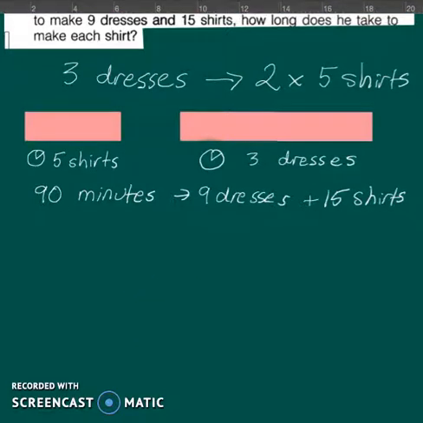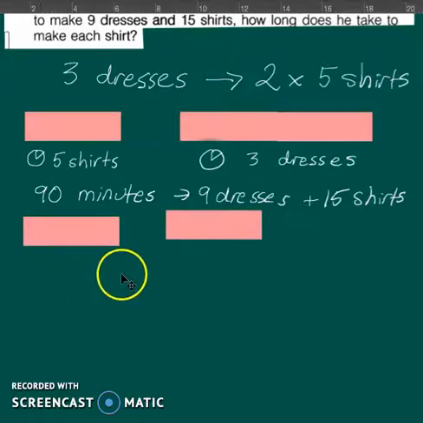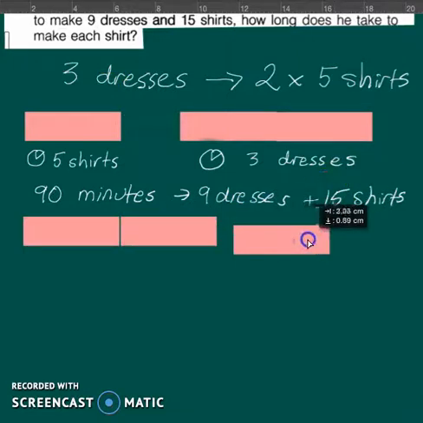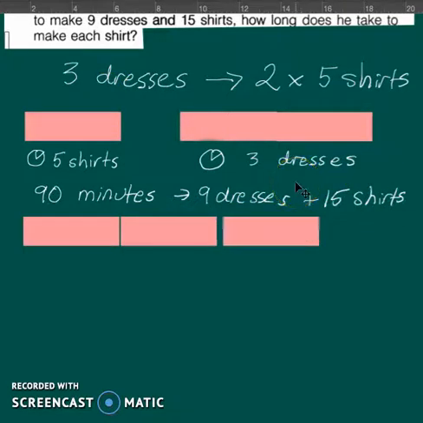Well, we know that one of the smaller bars represents the amount of time that it takes to make 5 shirts. So if we want to make 15 shirts, we're going to need 3 of them. 1, 2, and 3. 5 shirts times 3. This is the amount of time that it takes to make 15 shirts.